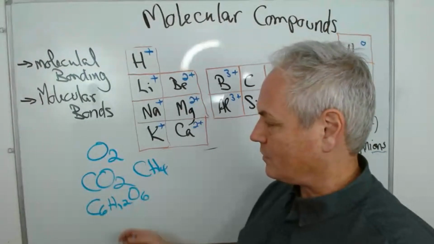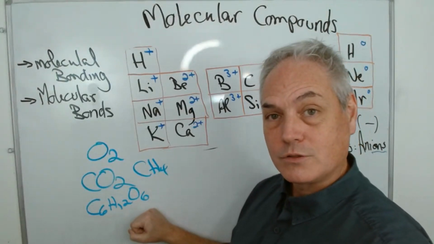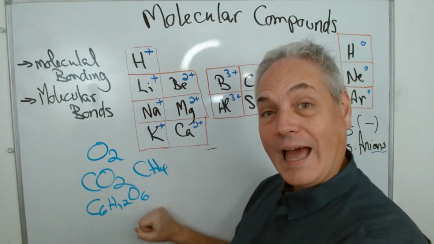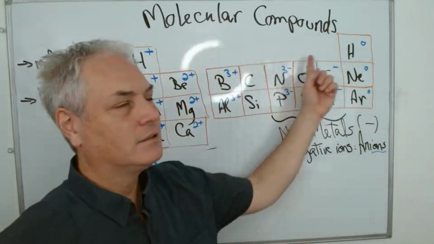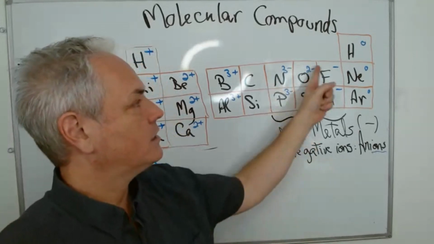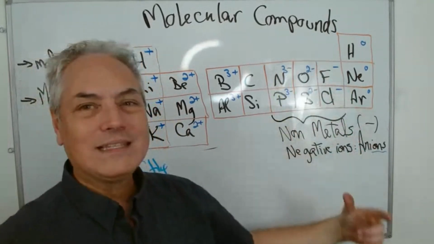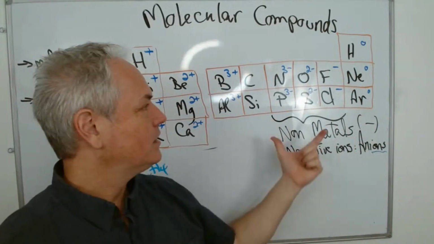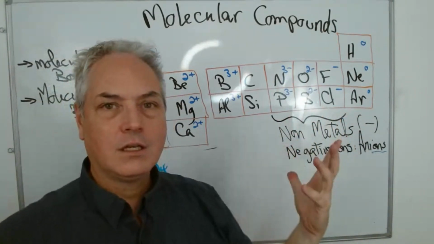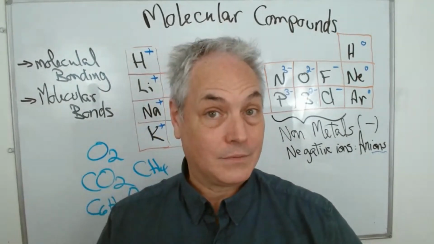You have compounds made by atoms that are part of the non-metals. But if you look at the charges of the non-metals, they are all negative. That means that they all want electrons. If they all want electrons, what happens if there are no atoms willing to give them electrons?